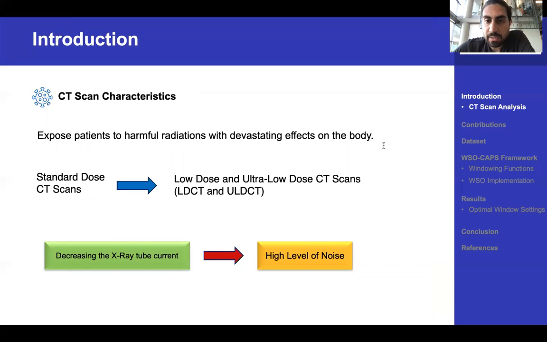As another characteristic of CT scans, it's important to note that CT scans expose patients to harmful radiation with devastating effects on the body.